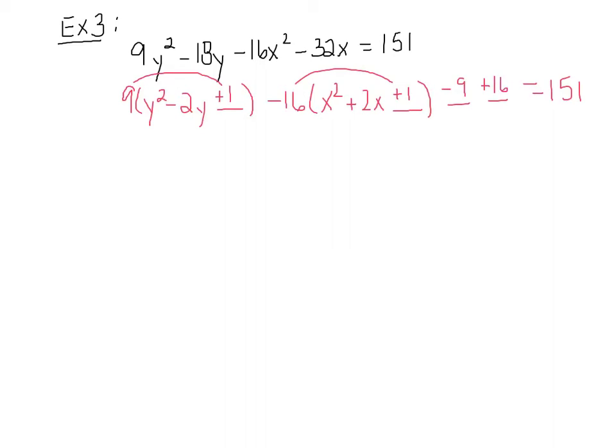Okay, so then I'm going to take 9. This is going to factor to be y minus 1, quantity squared, minus 16 times x plus 1, quantity squared. -9 plus 16 is 7.